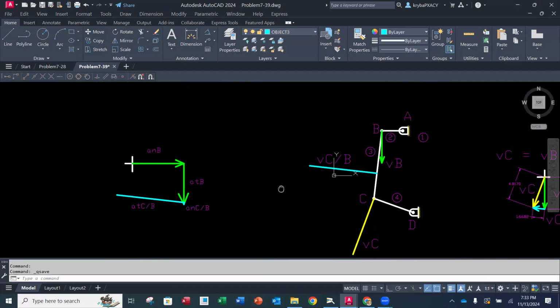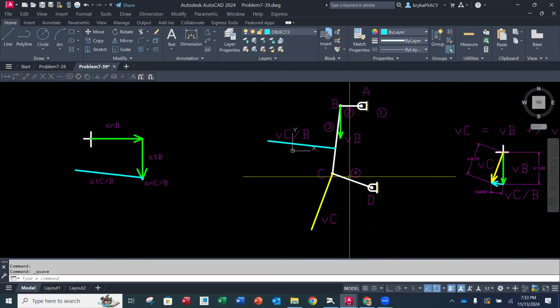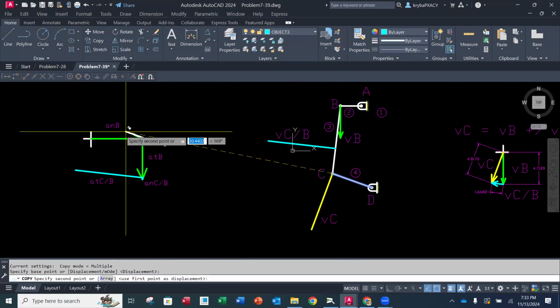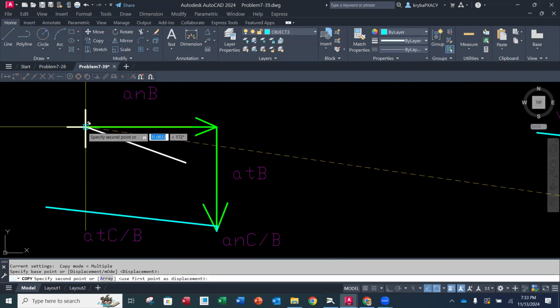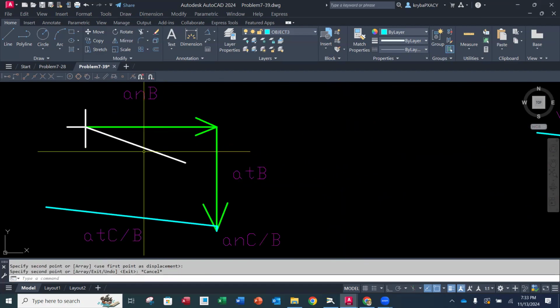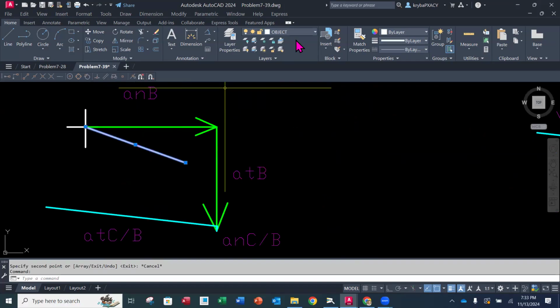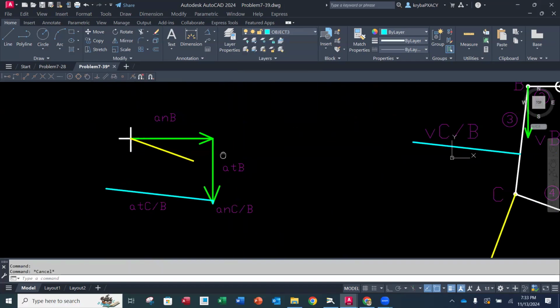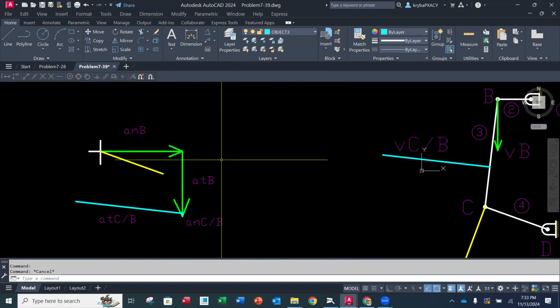The direction of the normal component at C is going to be along this line. So remember, it's going to go from its point and point back to its center of rotation. So we're going to grab that line. It's along that line. And we know that it is going to start at our origin right there. And I'm going to change its color so that we can see that it is that. Now, we know that its magnitude is 386.69.